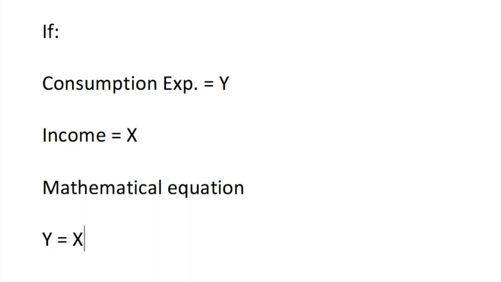But this equation is too simplistic because it does not take into account the value of Y when income is 0. This is often referred to as the intercept or the constant term.